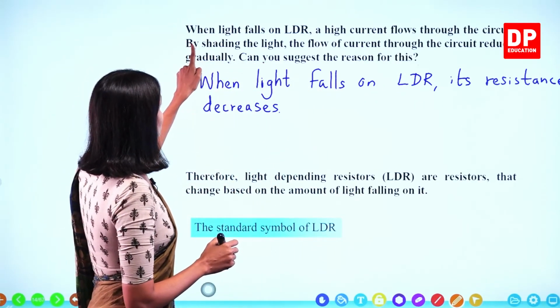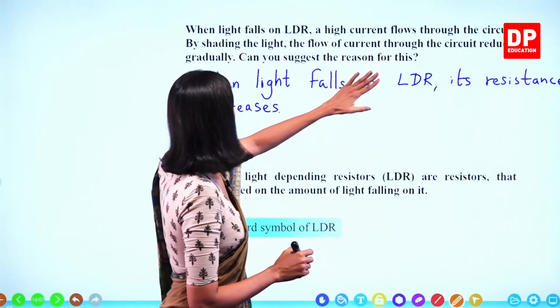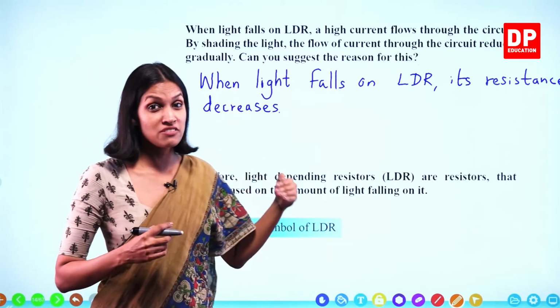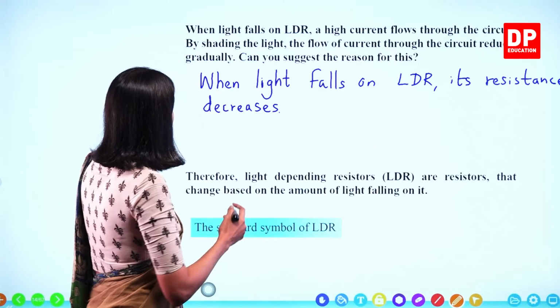The second one, by shading the light, the flow of current through the circuit reduces gradually. We observed it very clearly during the experiment, right? So what is the reason?